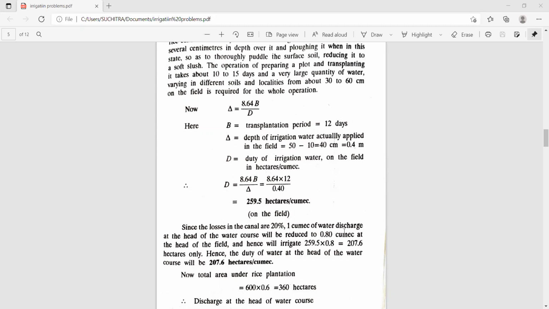Hence it will irrigate 259.5 into 0.8, that is 207.6 hectares only. Hence, the duty of water at the end of the watercourse will be 207.6 hectares per cumec.